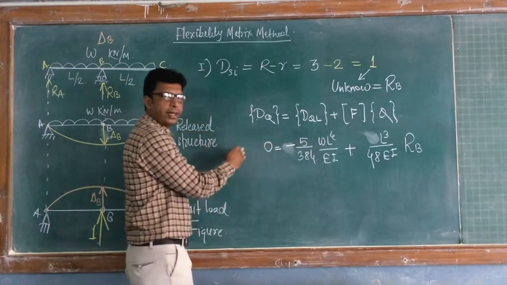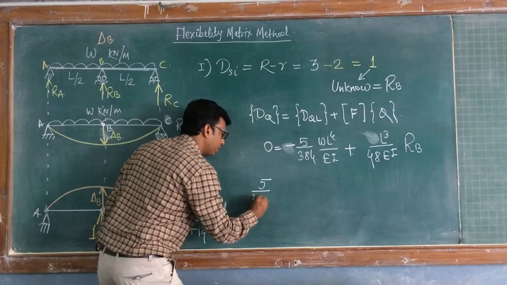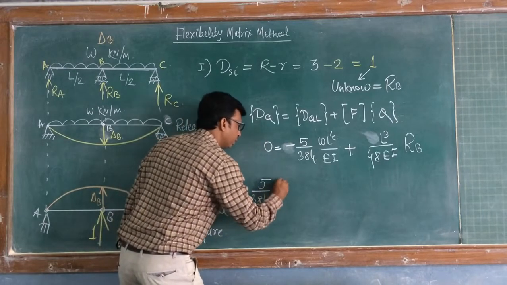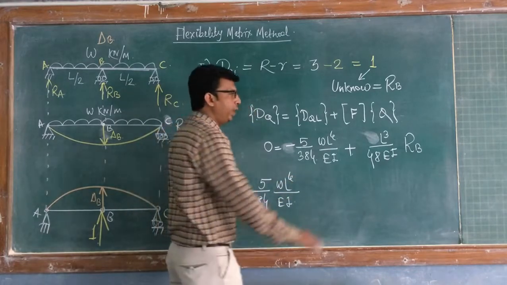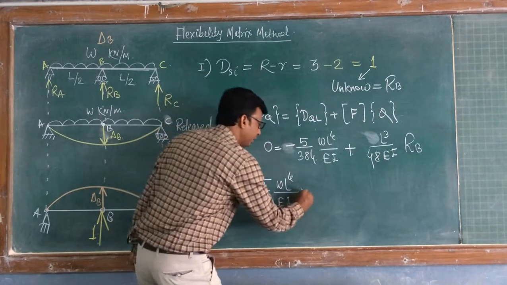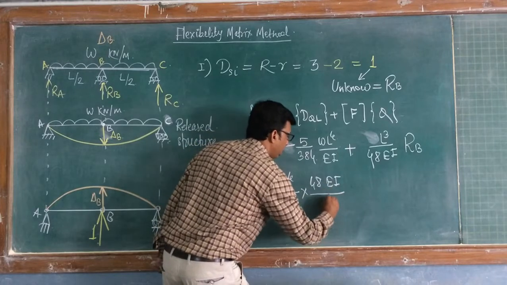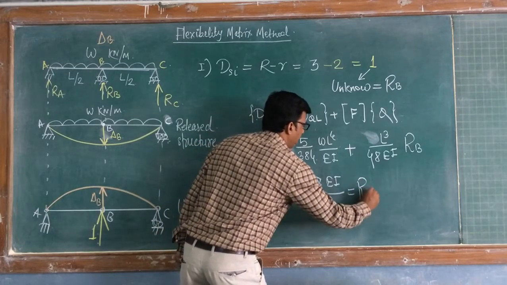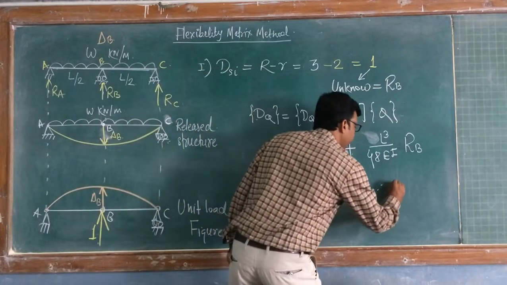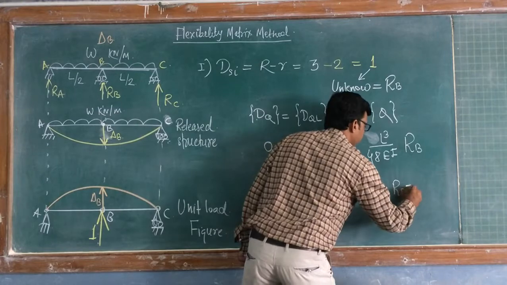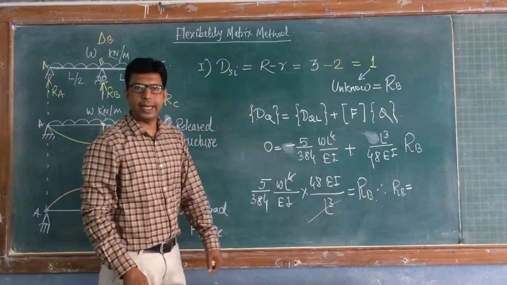Now if you solve this, since it is 0, if you take this on the left hand side, it will be plus RB. So finally RB is equal to this.